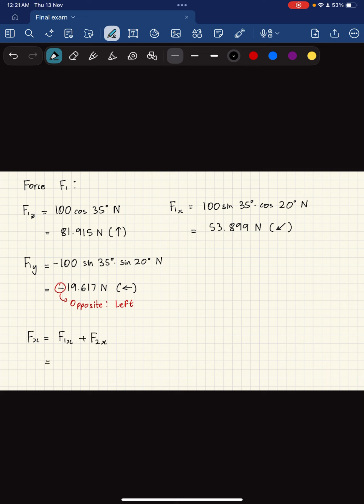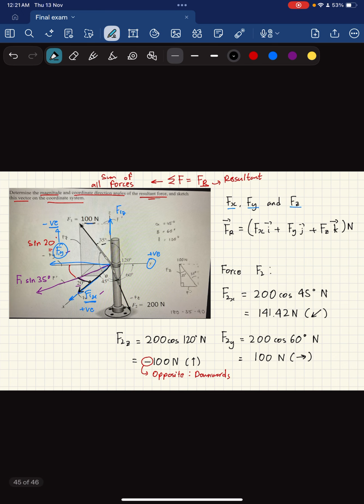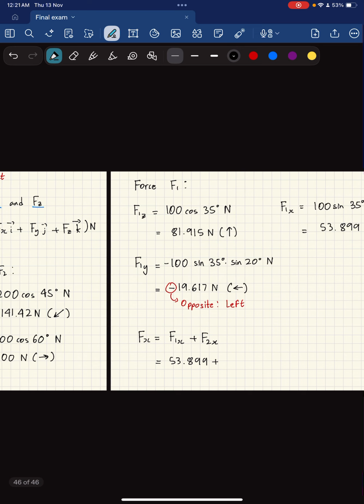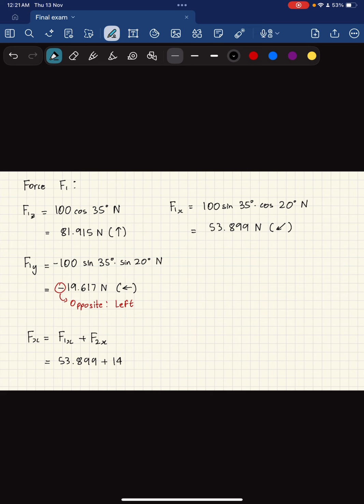If we do the addition, it's going to be 53.899 plus F2x, which is 141.42.